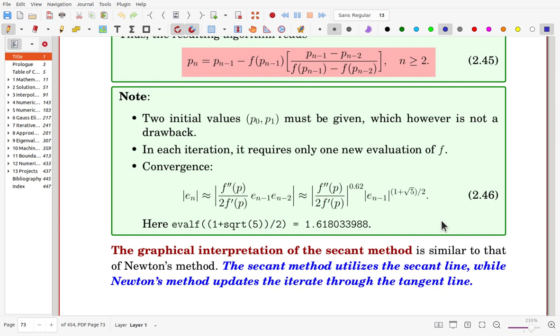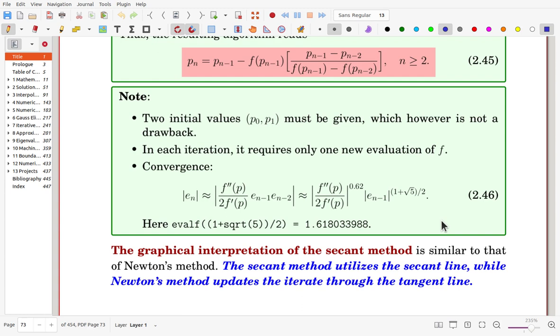In each iteration, the secant method requires a smaller number of operations, so that overall, the secant method is not bad. In many applications, the secant method is faster than Newton's method.